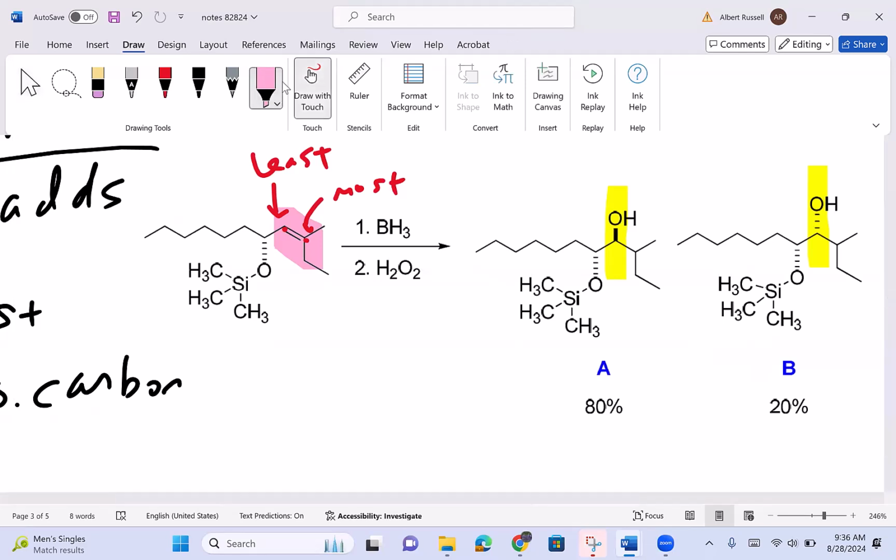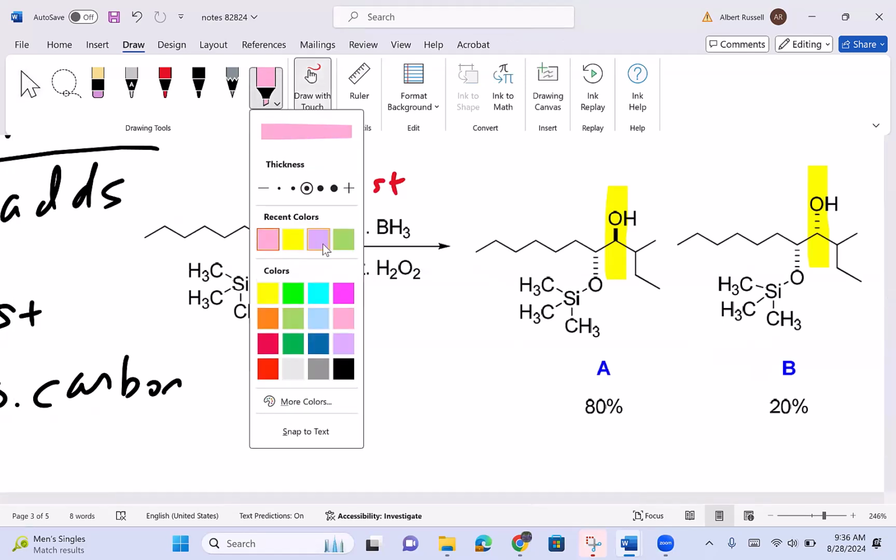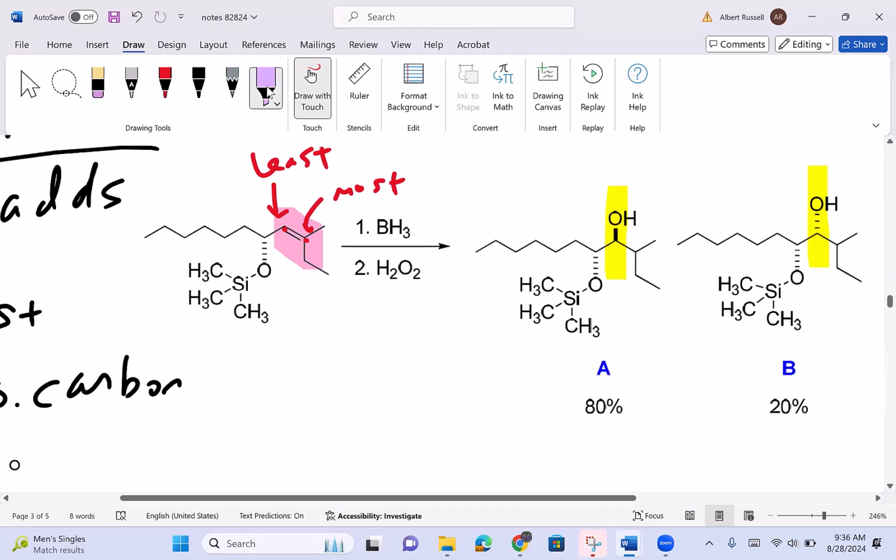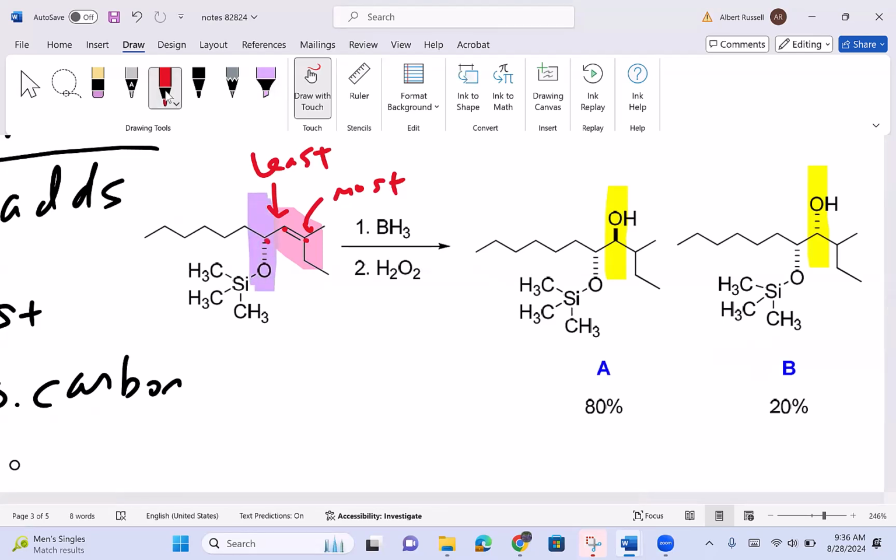And this is the stereocenter that's already in existence. This is my pre-existing stereocenter here on this carbon. All this stuff is necessary to understand what the question is asking. So let's get to that part. Any questions about least substituted, most substituted, anything before we move forward?